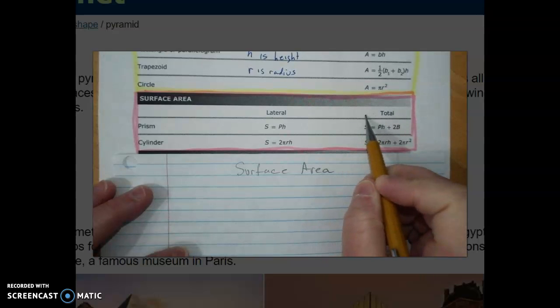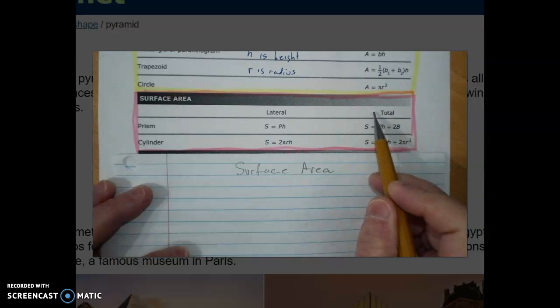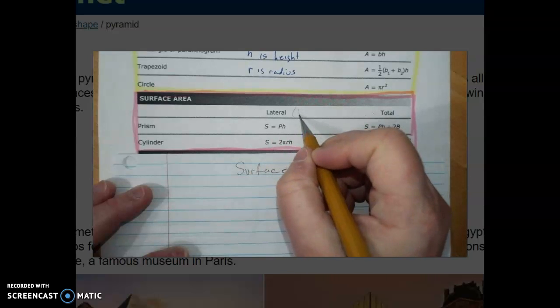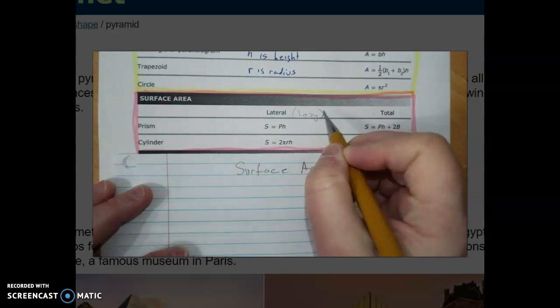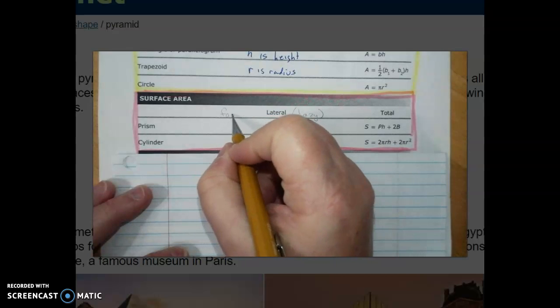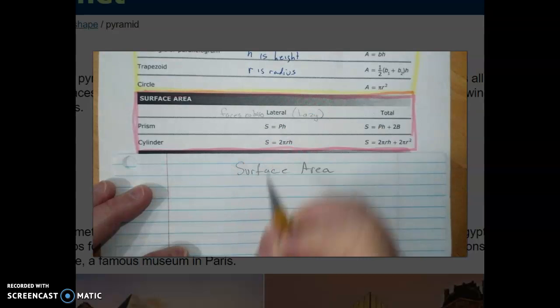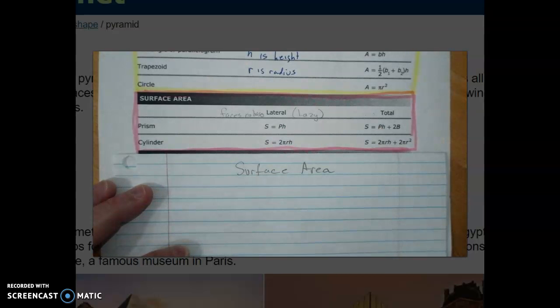When I'm talking about total, I'm talking about covering every face and every base with material. So say I'm painting the ceilings, the floors, and all the walls. Lateral, you can say is lazy: it's faces, no bases. Faces, no bases. And I'll get into how to do that and I'll explain that.